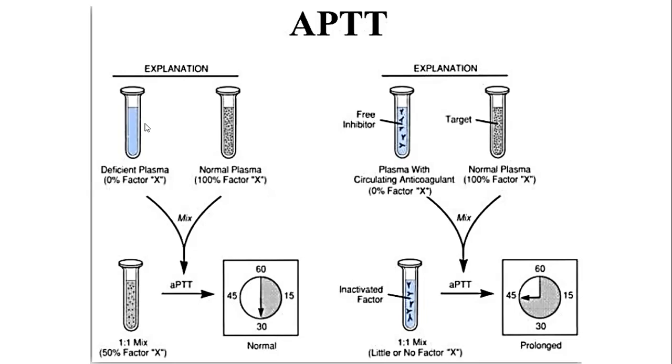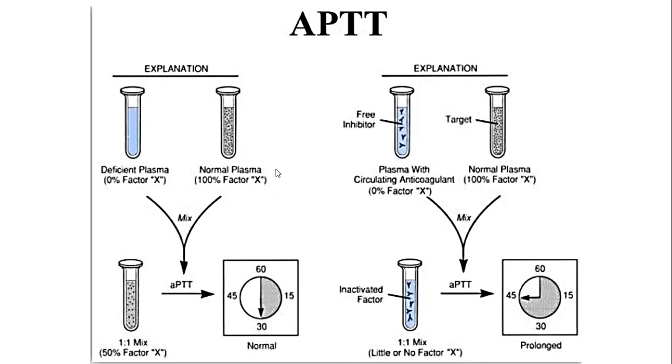Right? So basically, kung may deficiency gani sa factor 10 ang plasma, ano ang iyang APTT result? Abnormal or prolonged. Now, how about sa normal plasma? When you say normal plasma, tanan gani nga coagulation factors may ara siya.